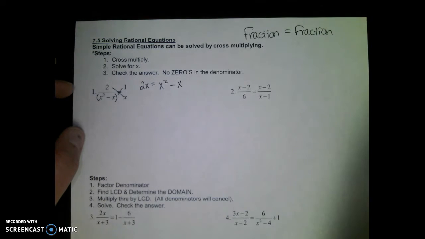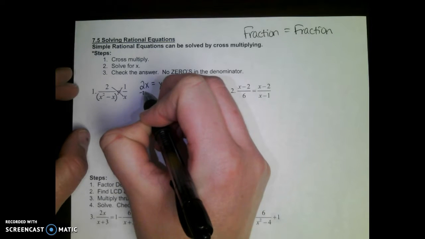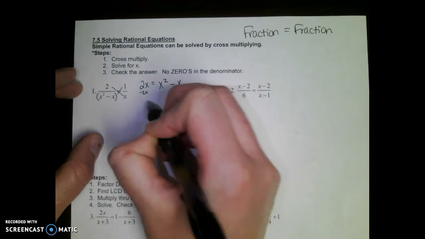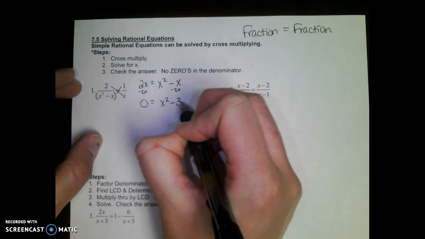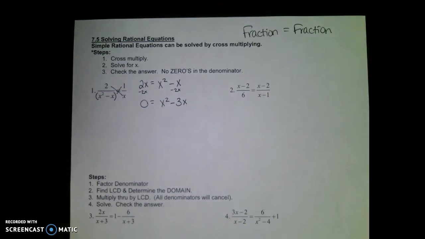So, I'm going to subtract 2x on both sides to get 0 equals x squared minus 3x. Does anybody remember how to factor x squared minus 3x? Since it's not 3 numbers, it's not a trinomial.